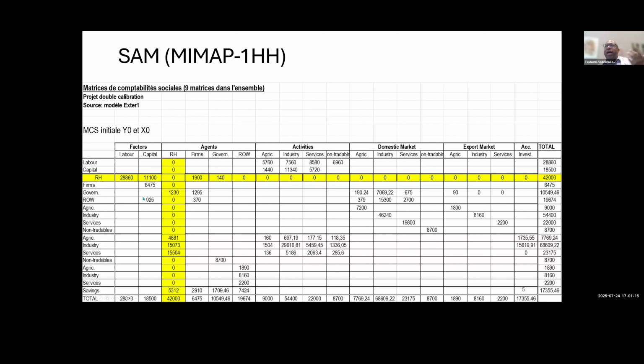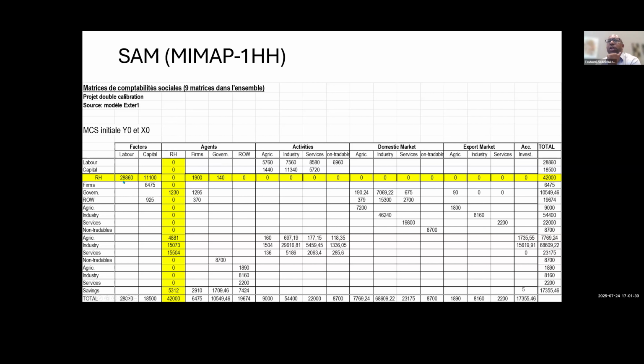We have the institutional agents here: households, firms, government, and the rest of the world. When we are doing a microsimulation approach on households, we are zooming only on the two accounts of households, in the column and in the row.